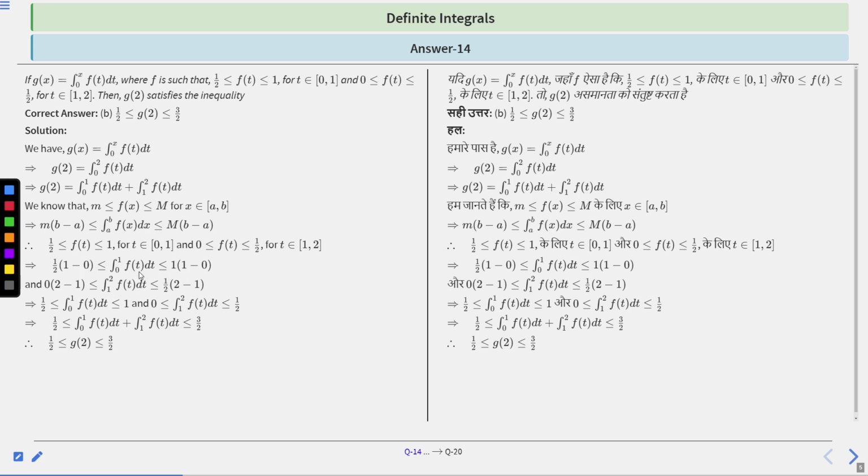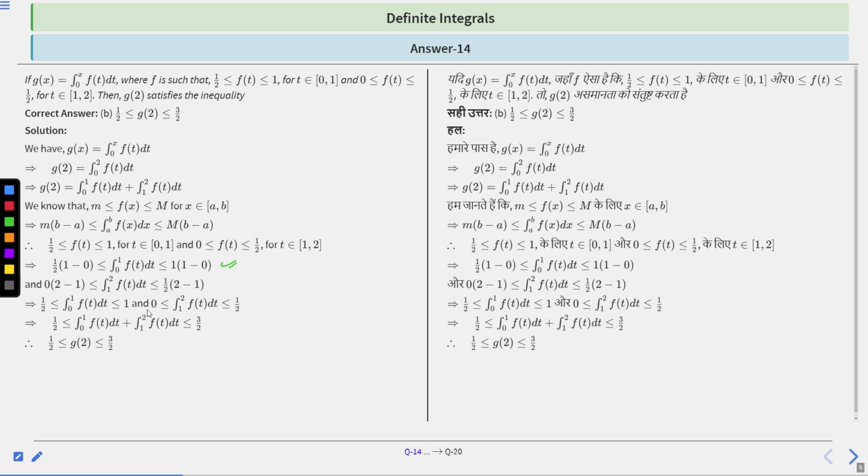And integration of 1 to 2 ft dt is between 0 into 2 minus 1 to 1 by 2 into 2 minus 1. After solving this, you will get integration of 0 to 1 ft dt is between 1 by 2 to 1, and integration of ft dt from 1 to 2 is between 0 to 1 by 2, right?